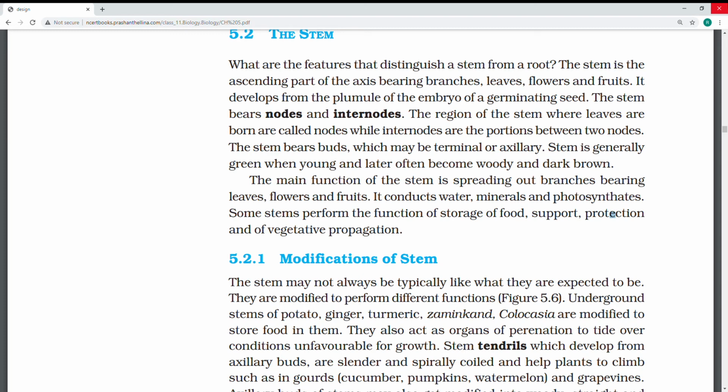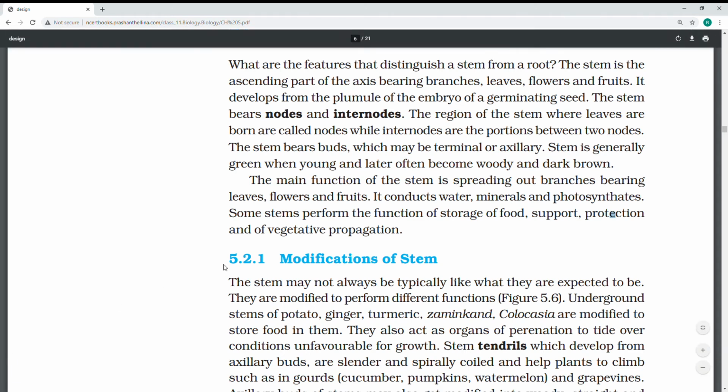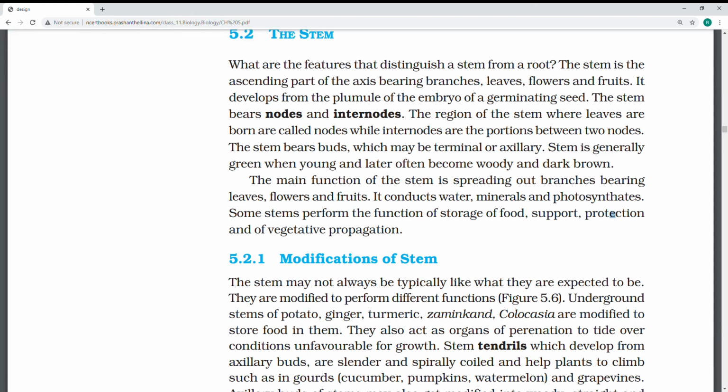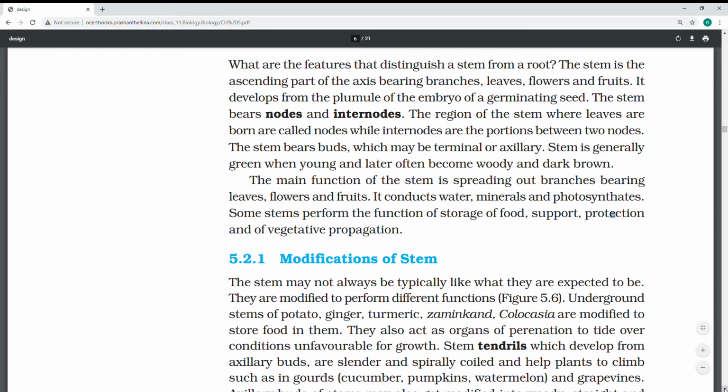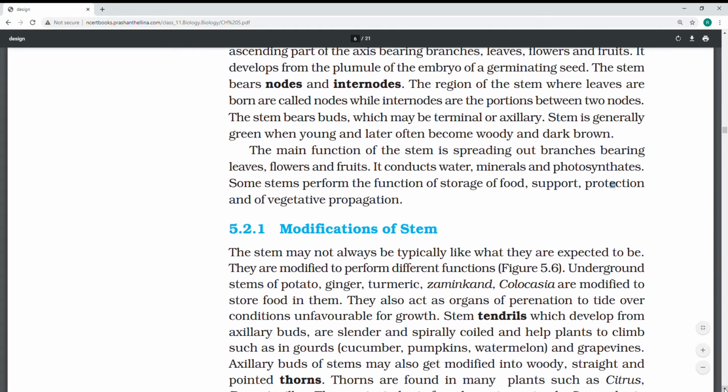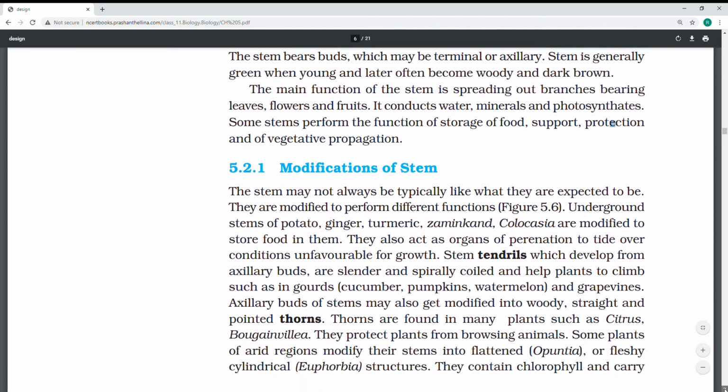We use different stems for different functions: some protection, some support, some for vegetative propagation as in asexual reproduction or sexual reproduction. So the modifications of stem, here they have mentioned some, which are different types depending on the structures.